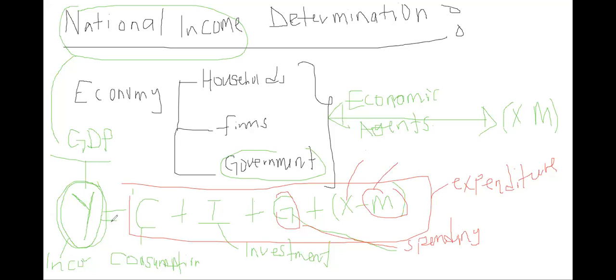So this is the national income formula that we will use a lot. The national income that we have is used for consumption, for investment, for government spending, as well as the difference between export and import.